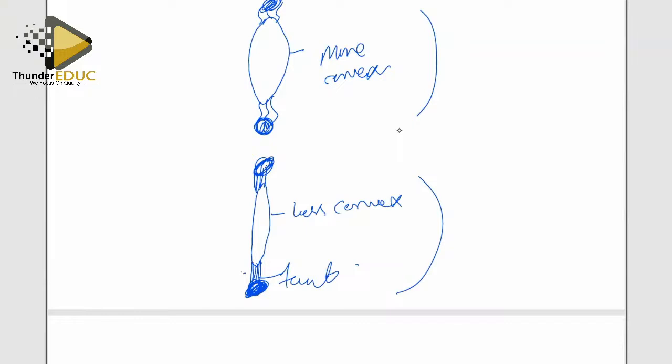But don't forget, we don't use the word contraction on the suspensory ligament. So we shall say that if the ciliary muscles contract, the suspensory ligament must slacken. Meaning that if you see the suspensory ligament slackened, then it means that the ciliary muscles are contracted.